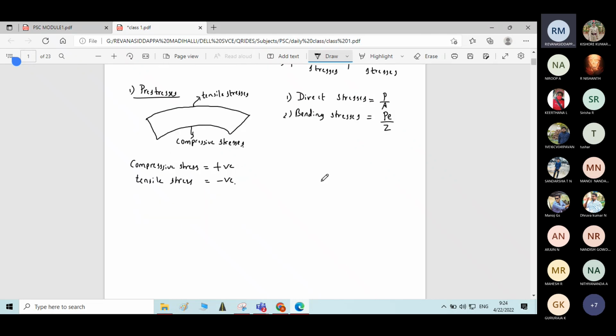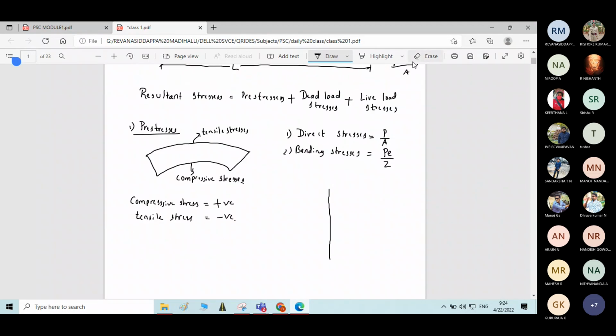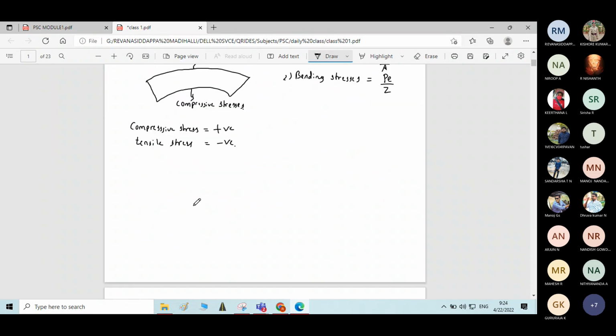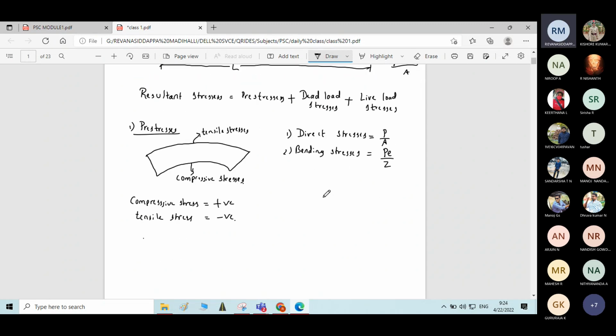This same thing we can draw in a stress distribution diagram. I'll write the stress distribution diagram for the same case. As I said, there are two kinds of stresses, direct stresses and bending stresses.